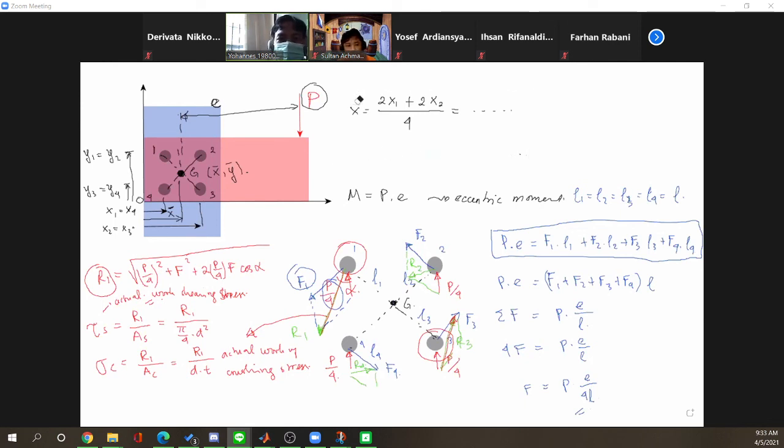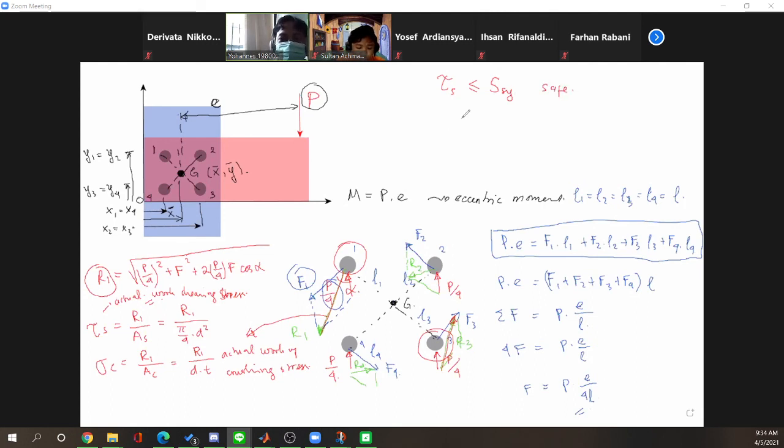Then we can compare this working stress, this shearing and compressing stress, with the properties of the rivet material. Okay, so if the working shearing stress on the rivet is still less than the allowable shear strength of the rivet, then it is safe.